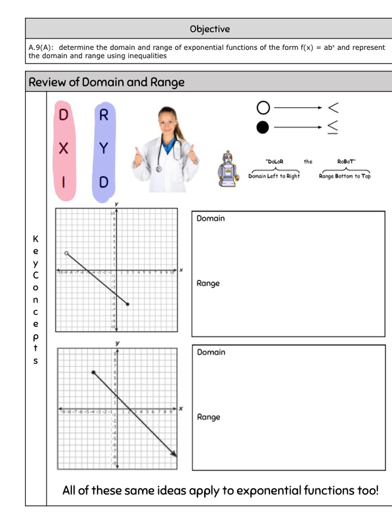When writing our inequalities for the examples that are given, we know that our domain goes from left, then we write our inequality, then we give the letter for our domain, which is x, then we write the inequality and put our rightmost value. For our range, we start at the very bottom most value, then we write an inequality, then we put our y letter for range, then we write an inequality, and then the top most value.